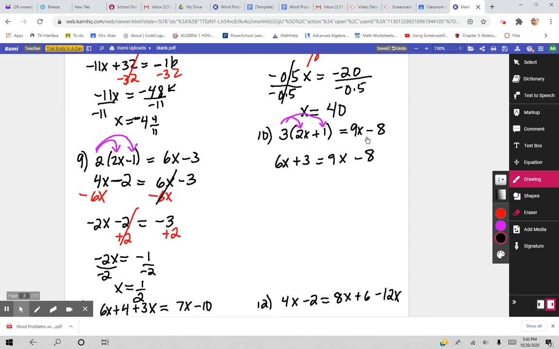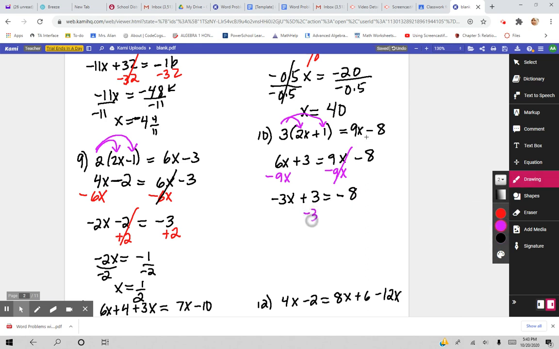We need to get all of our x's on the same side, so we're going to go ahead and subtract 9x from both sides. So 6x plus negative 9x is going to be negative 3x plus 3 equals negative 8.